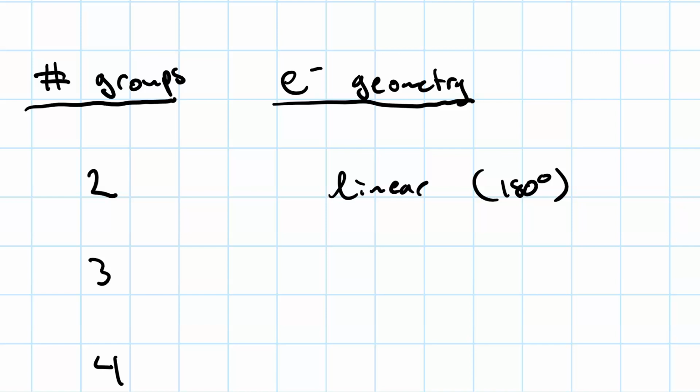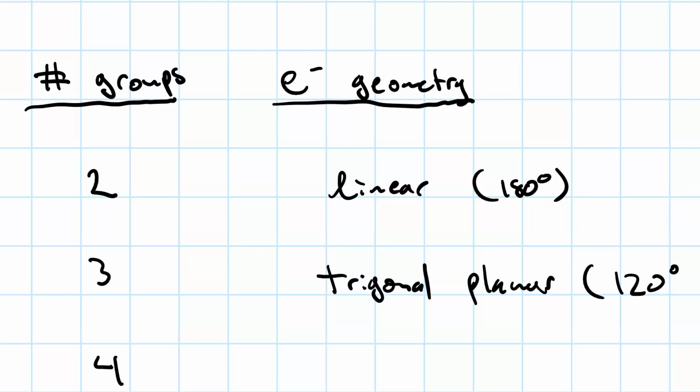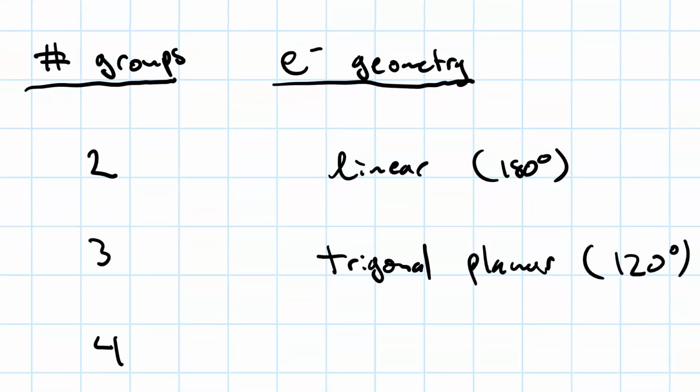If you have 3 electron groups, it's trigonal planar, with a 120-degree angle. That is 3 electron groups pointing to the corners of an equilateral triangle. And if it has 4 electron groups, it's tetrahedral, with a bond angle of 109.5 degrees.